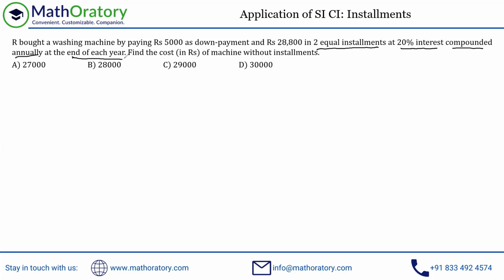The second part is that the installments this person is paying off are annual ones, because he's paying the equal installments at the end of each year. That is what this part tells us, right? So keeping these two things in mind, now just go through the relevant part of the information.